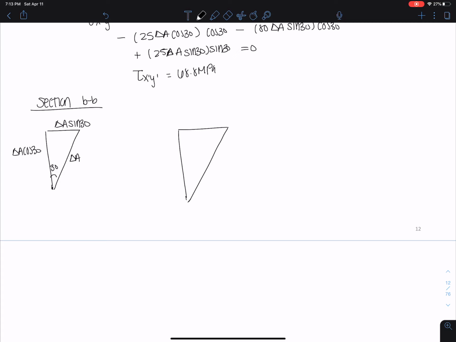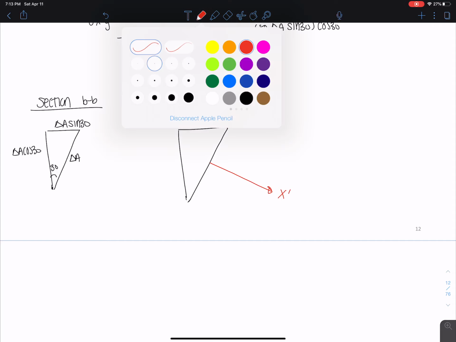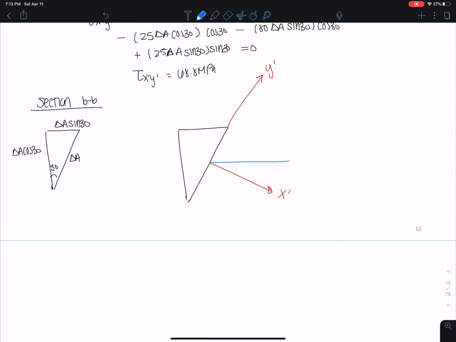Okay, let's start by defining our x prime and our y prime. So our x prime here is going to be perpendicular to this plane, and our y prime is going to be parallel. And then here was my original x.